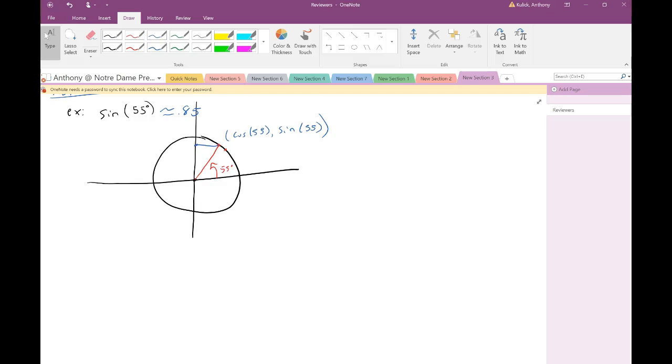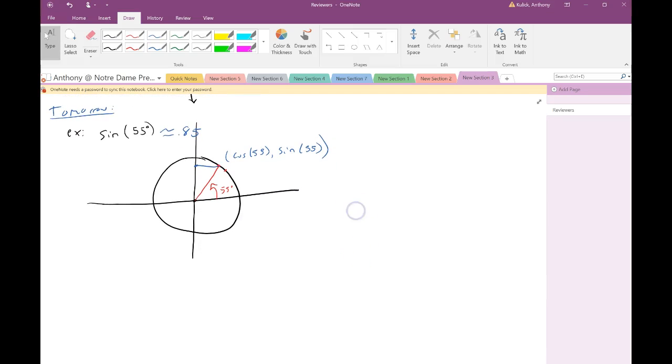So last time we had talked, we were talking about developing the unit circle.